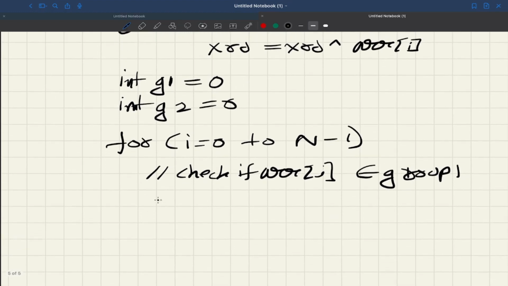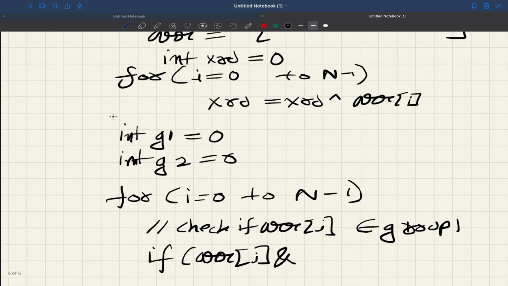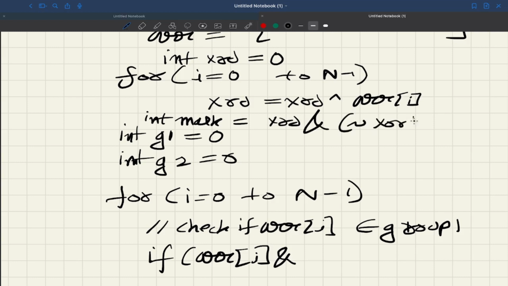I'll just do the AND of ARR[i] with the mask. How will I prepare the mask? Mask will be nothing but the rightmost set bit of the Zord value, right? So mask will be Zord and negation of Zord minus 1. So I got the mask here.